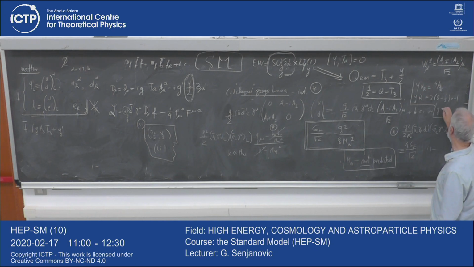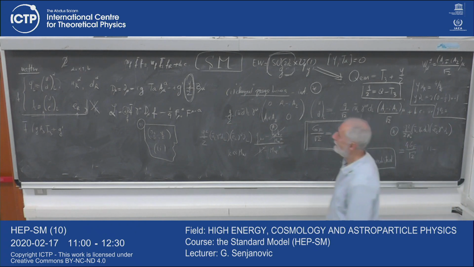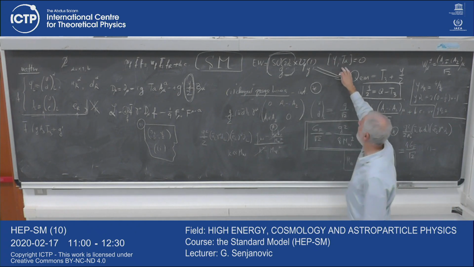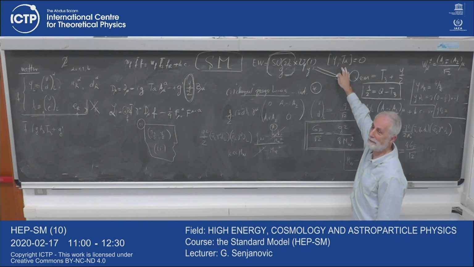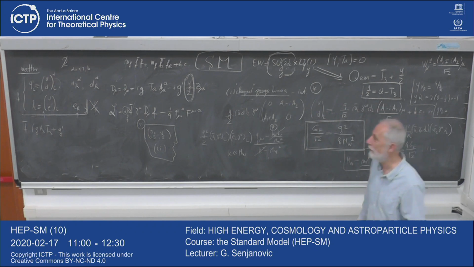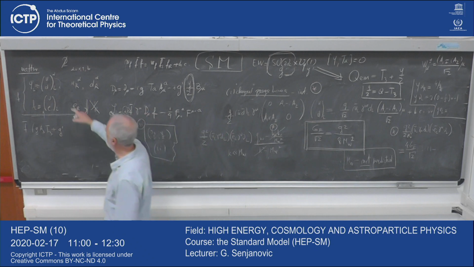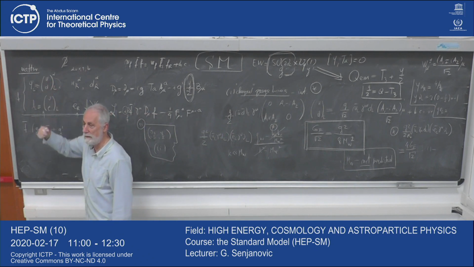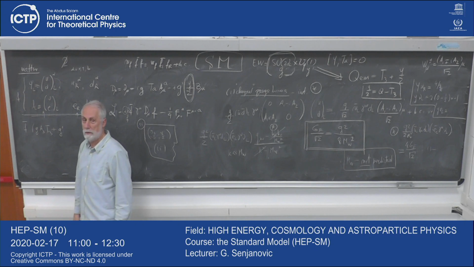For example, quickly, what is the charge of the left-handed electron? This means that they must have the same hypercharge. When you commute, what does it mean that they commute? Lorentz symmetry commutes with this. When I tell you that the Lorentz symmetry commutes with this, it tells you that up and down must have the same Lorentz properties. Otherwise, I would break the Lorentz group.